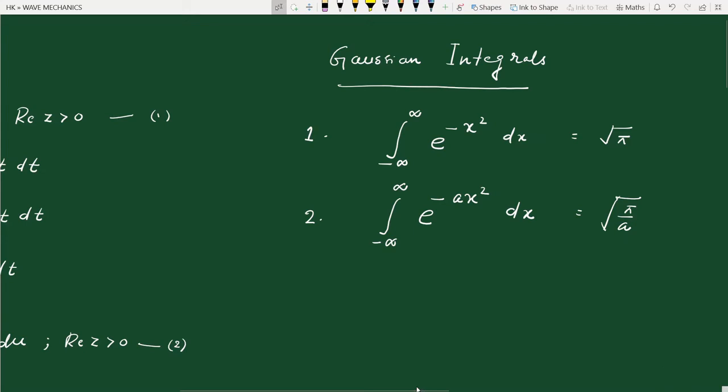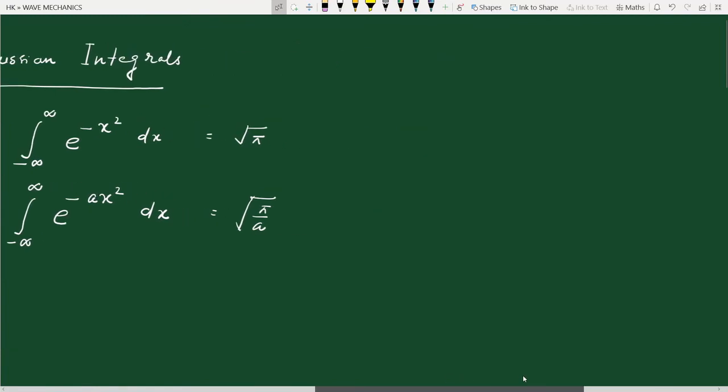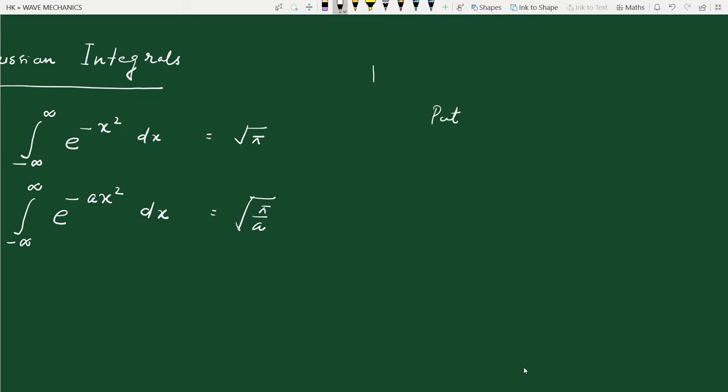Okay, let us see how we can establish this. Let me try to prove it here. When this type of an integral comes, what we try to do is put a x square equal to u square.